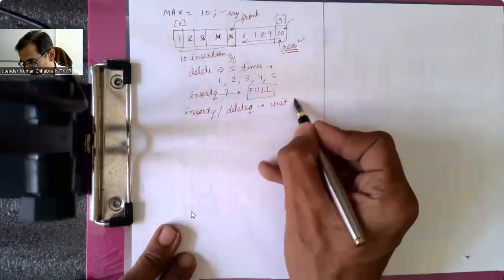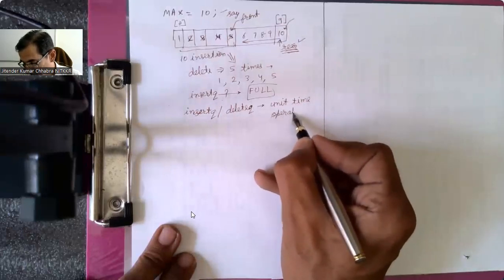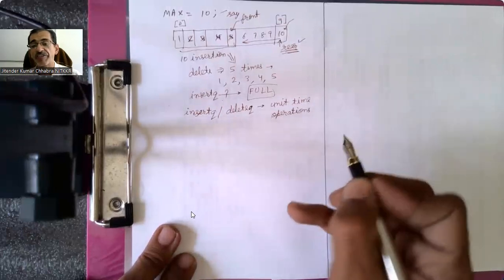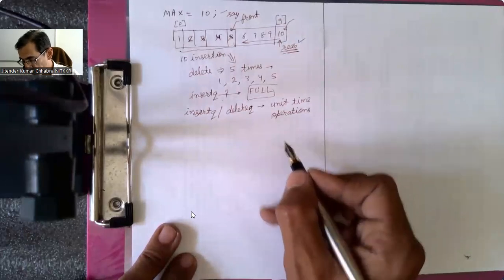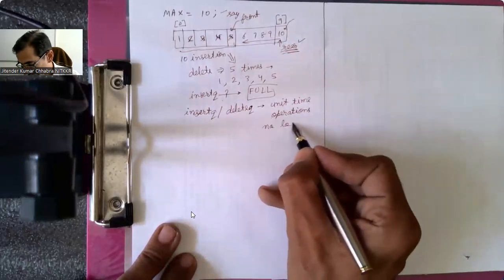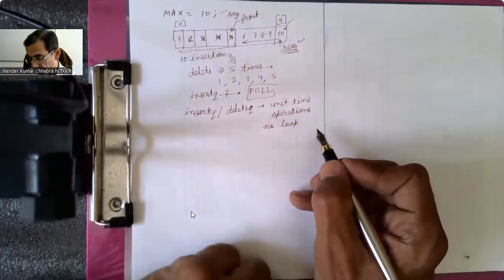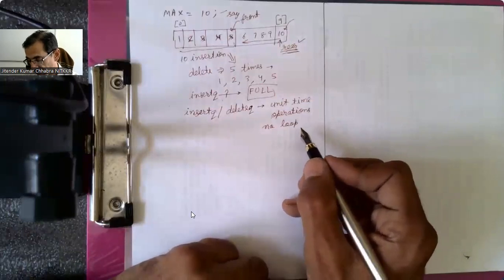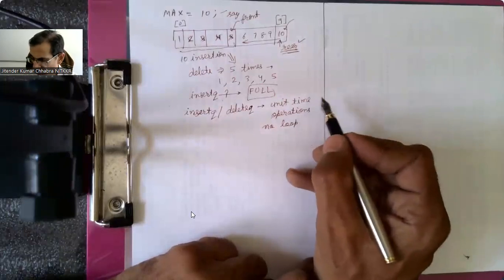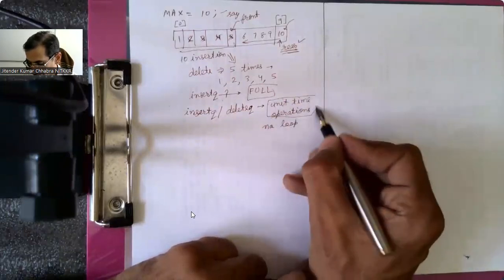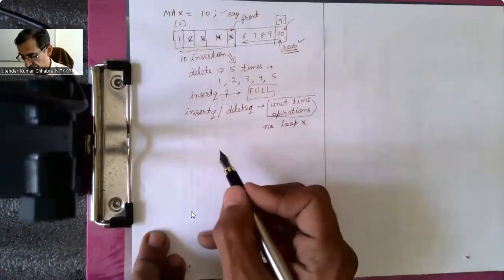Unit time means they should not use any loop and they should get executed with a fixed number of statements, 1, 2, 3, 4, 5, 7, 10, but no looping. Because a loop means some n times step to be repeated, and if n is very big, it means a lot of time. So max could be 99,000 or whatever, and unit time means a fixed line of statements should be done. So a loop is never normally permitted when we have basic operations of a queue.